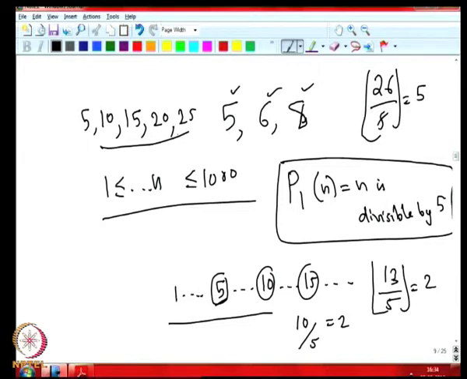Every consecutive 5 numbers have one divisible by 5, so it makes sense to divide by 5 and take the floor. So, the number of numbers which have property P1 from 1 to 1000 is clearly 1000 divided by 5, namely 200.